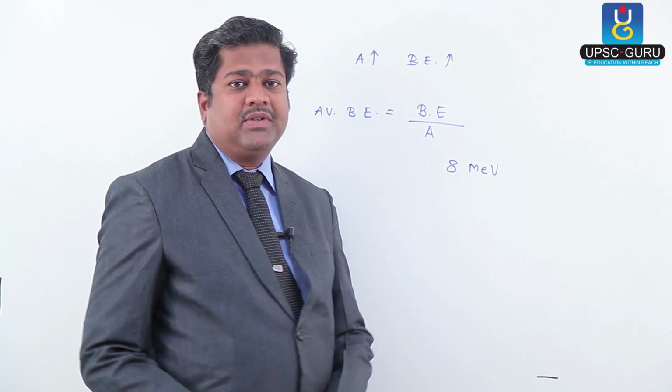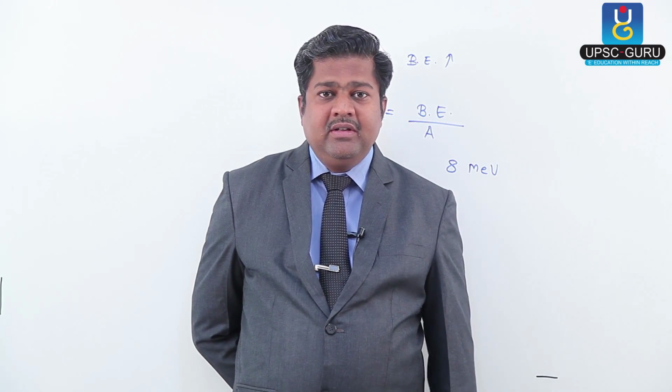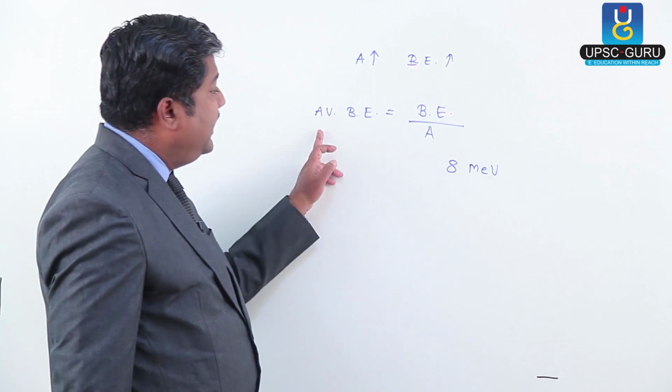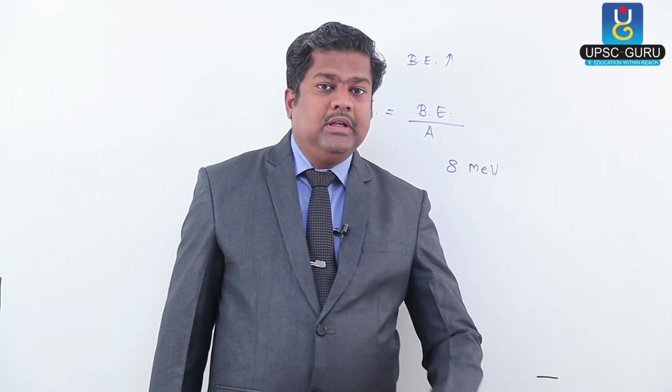If atoms have less than 8 million electron volt average binding energy, then the nucleus is unstable. And if binding energy per nucleon, that is average binding energy, is 8 or greater than 8, then the nucleus is extremely stable.